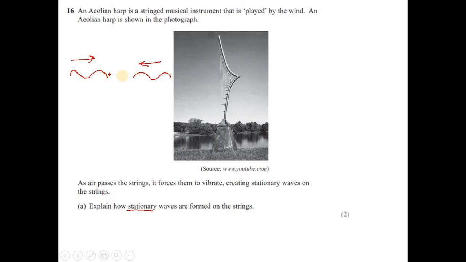After interfering, they produce pattern of nodes and antinodes. So you say that you have pattern of nodes and antinodes, and this is called stationary waves. So key points are two waves traveling in opposite direction, interfering and producing nodes and antinodes.